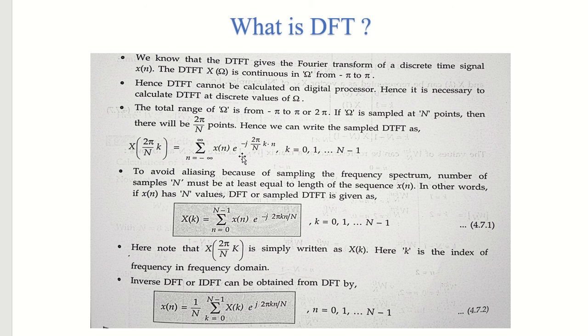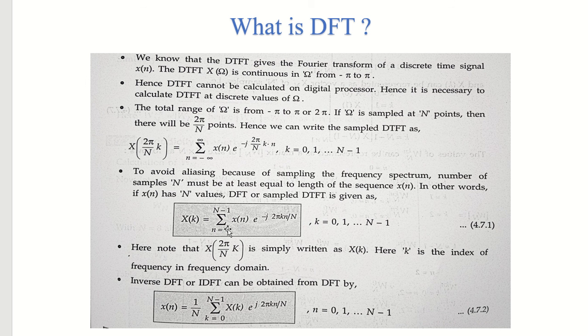In other words, I can say if my x of n has n values, then DFT or sampled DTFT should be given by this formula only. X of k is equal to summation n equals 0 to n minus 1 x of n e raised to minus j 2 pi kn divided by n.